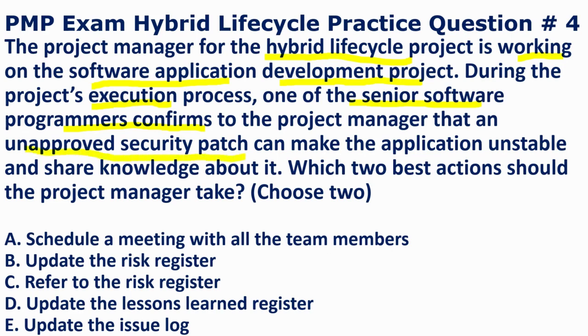Also, he shared his knowledge with the project manager about this situation. So the question is pointing out to the risk. The last line asks us which two best actions should the project manager take in this situation. Let's review all the options one by one.